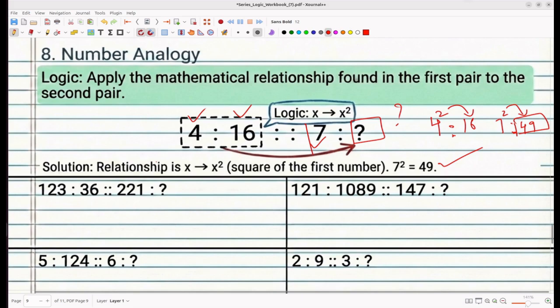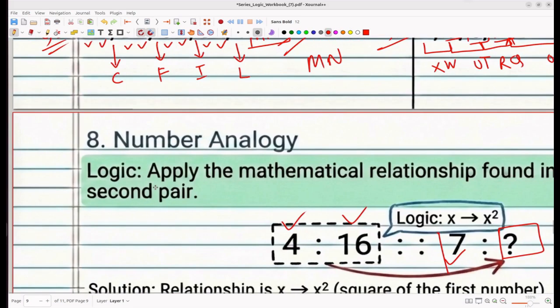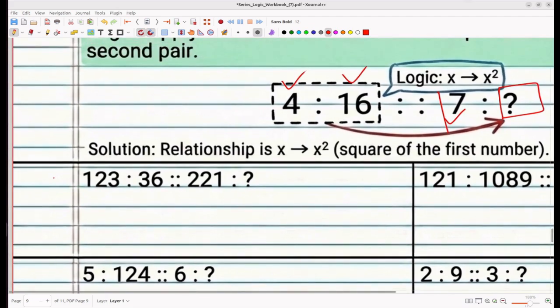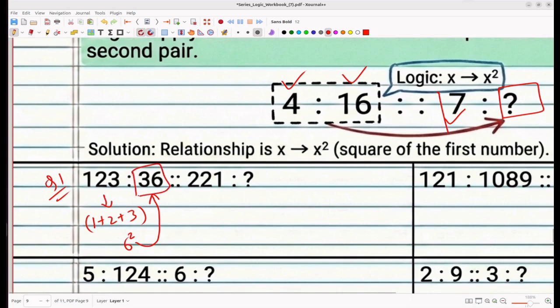Let's identify the question number 1. In question number 1, what pattern do we have? Let's identify. 123, 36 we have. See here. 1 plus 2 plus 3 is 6. We have 6 here. What is the square of 6? That is 36. They have written here. 123 raised to 36 means we need to add each digit within a number.